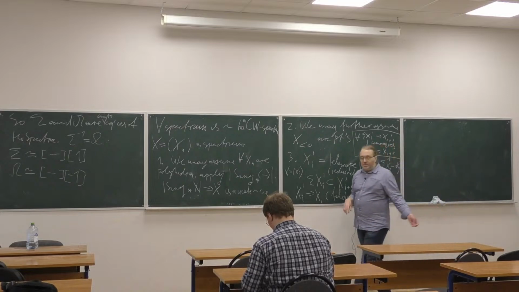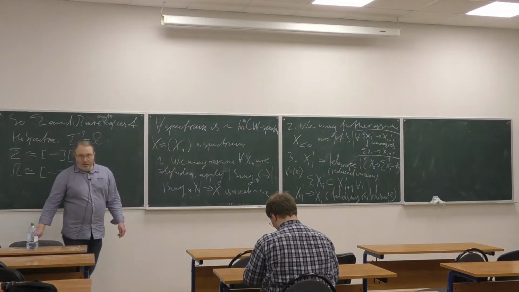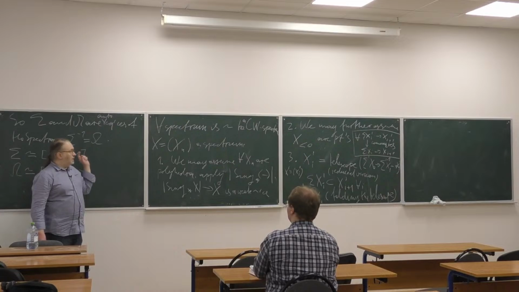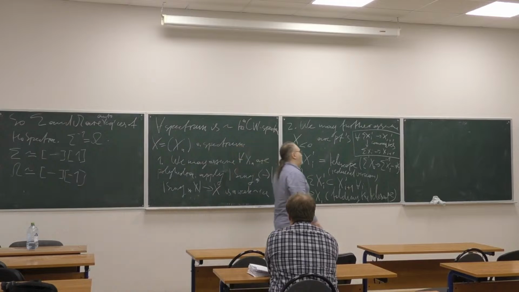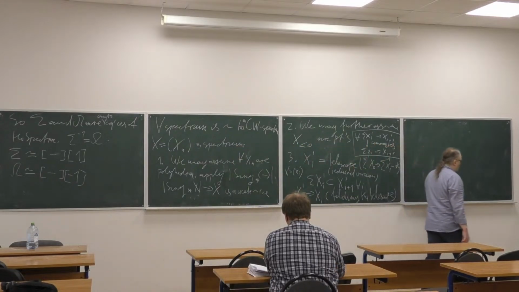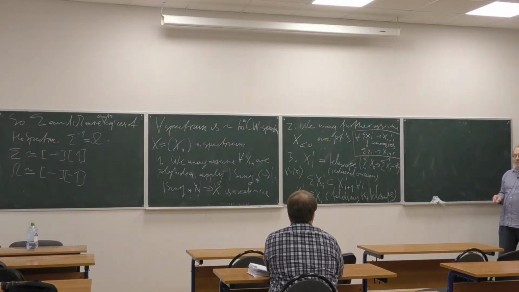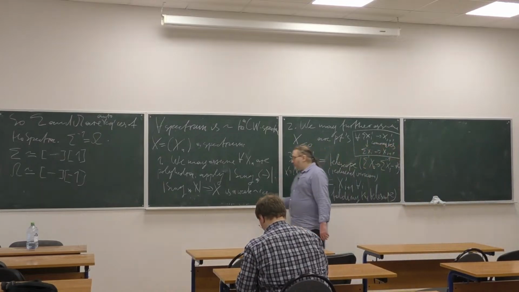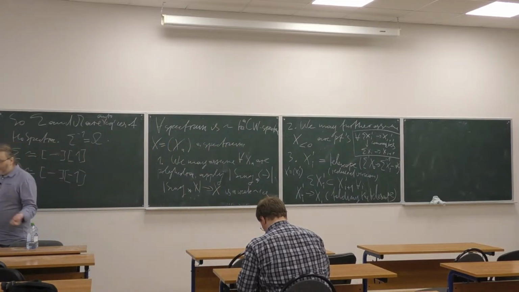So this argument gives us fibrant replacement for spectra. No, the cofibrant replacement. Sorry. With respect to the stable model structure. Okay, so we probably also need the fibrant replacement.